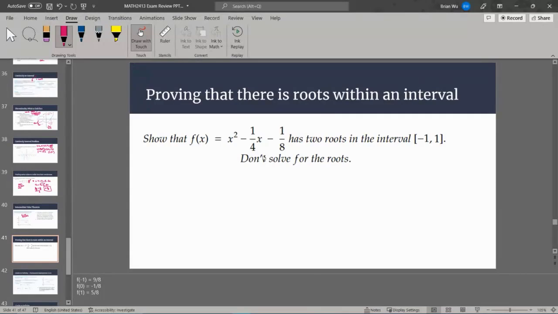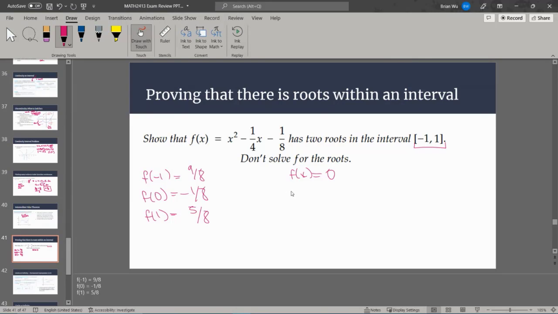So if you want to prove that there is a root in the interval -1 to 1, and you don't want to actually solve for roots, then you would plug in the values in these intervals. Like f of -1 would be equal to 9 over 8, f of 0 would be equal to -1 over 8, and f of 1 would be equal to 5 over 8. We use these to say that we're trying to find f of some value x equal to 0.